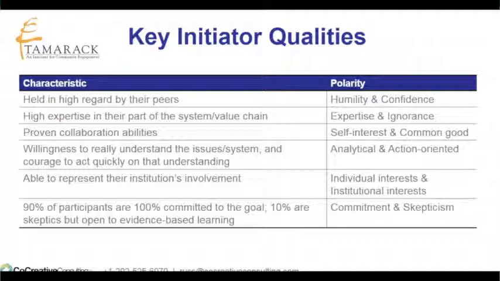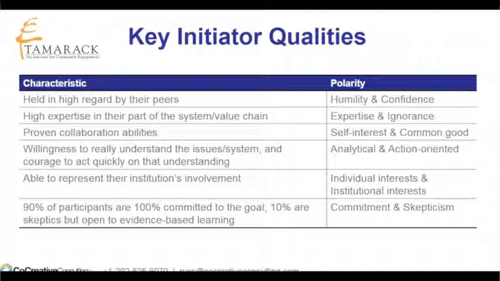And this applies both to content experts and context experts. So we have a poverty working group in development here in the U.S., and we're looking for people who are literally living in poverty and who are respected by folks who are working on poverty issues and other folks who are living in poverty. We look for people who have high expertise in their part of the system or value chain.